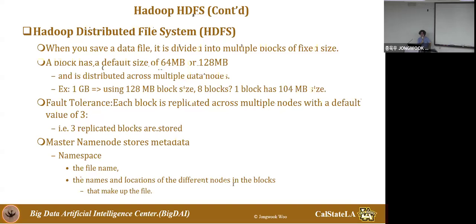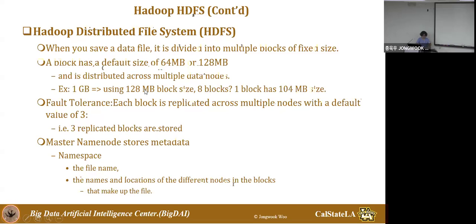If you divide 1 gigabyte by 128 megabytes, it becomes 7 blocks with the 128 megabyte block size, and the 8th block has a size of 104 megabytes. It is because you cannot exactly divide it by 128 megabytes.